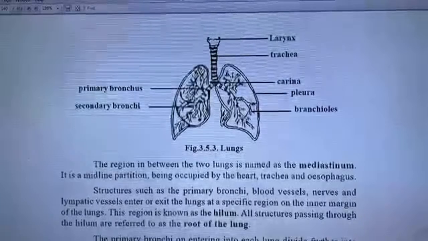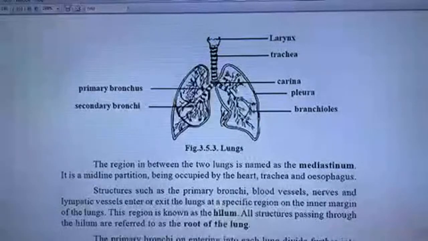The region in between the two lungs is named as mediastinum. It is a midline partition occupied by the heart, trachea, esophagus.